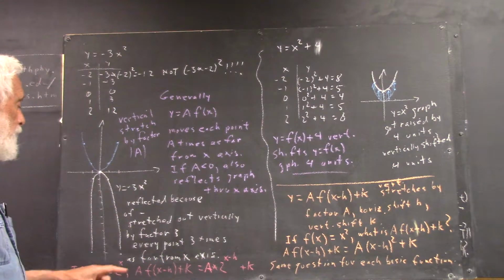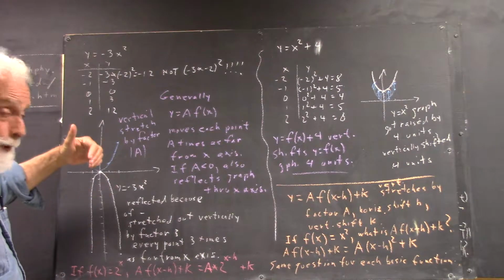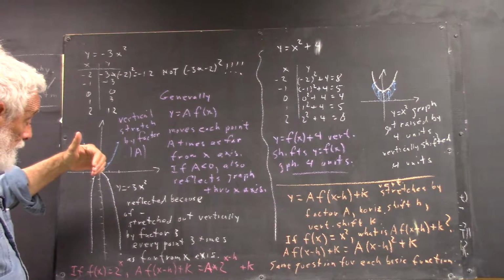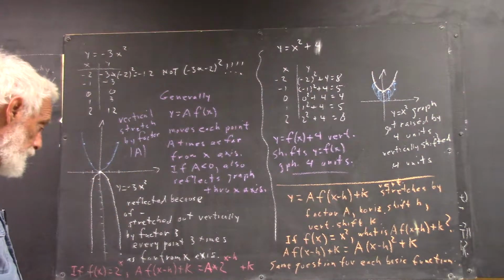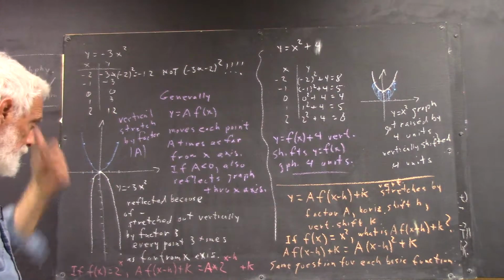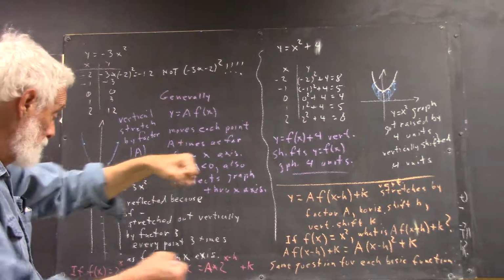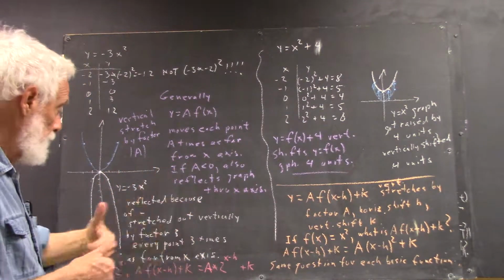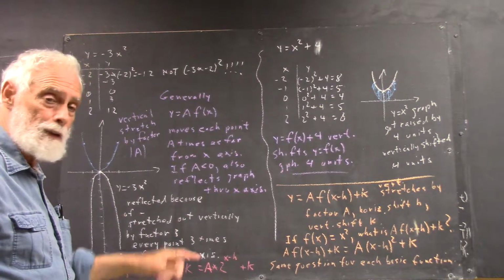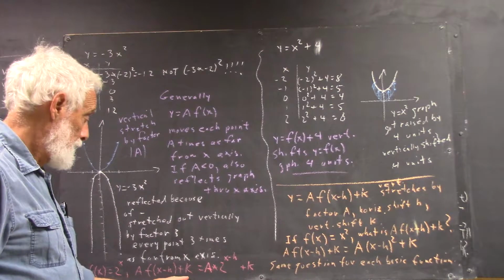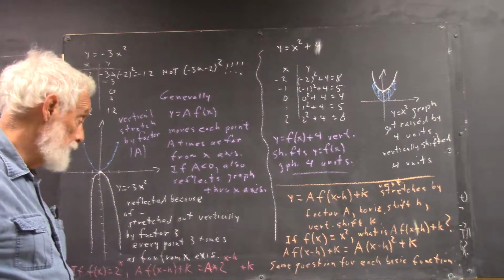This function takes the points of this function, moves them all a times as far from the x-axis, and switches them over to the other side of the x-axis if a happens to be negative. And then shifts the graph h units in the horizontal direction, whether h is positive or negative, not the vertical, and then moves the graph up or down according to whether k is positive or negative. Okay, that's what this function does.